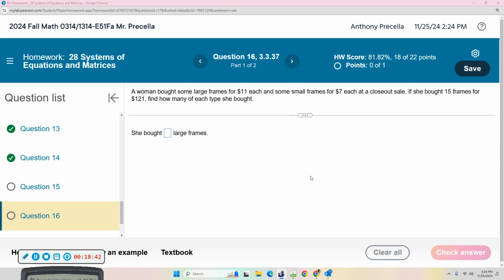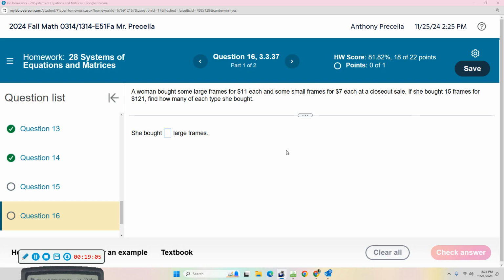She might be a grandmother who wants to put all her grandchildren's pictures on the wall. I don't think it'd be glasses. Probably not. It's certainly not at $11 and $7 each.